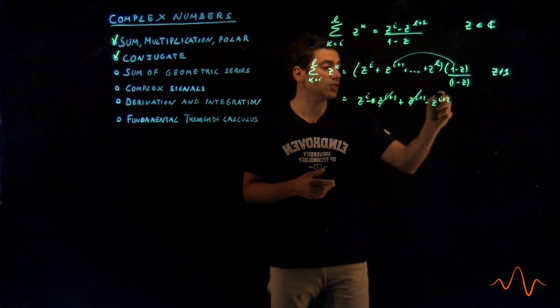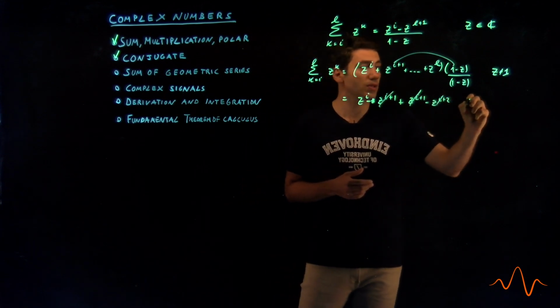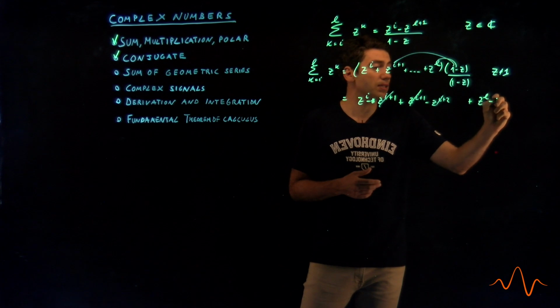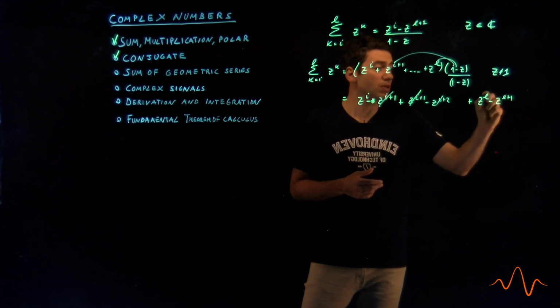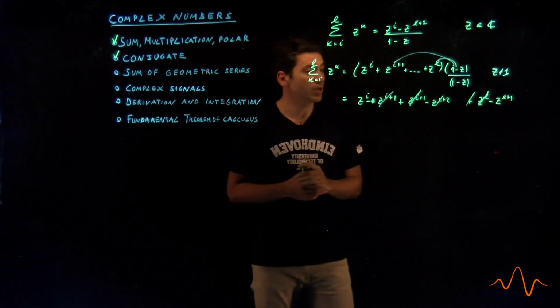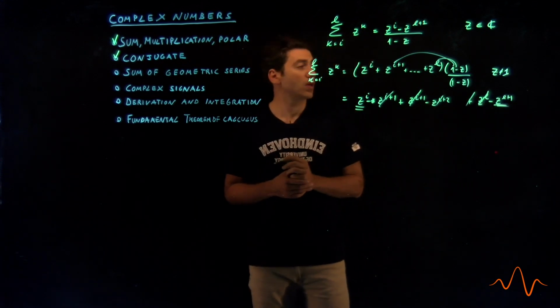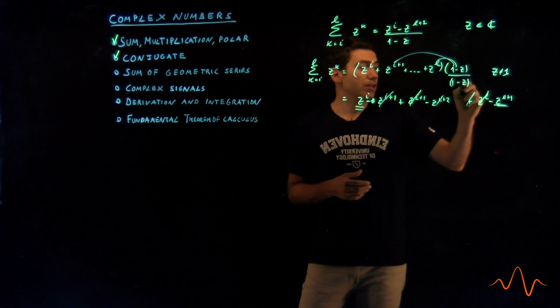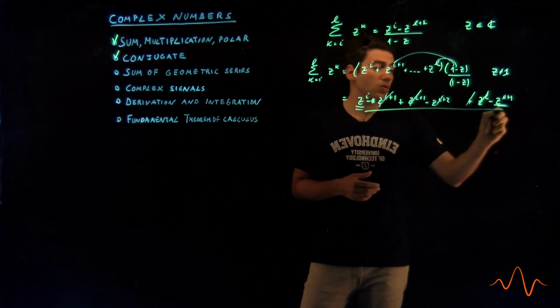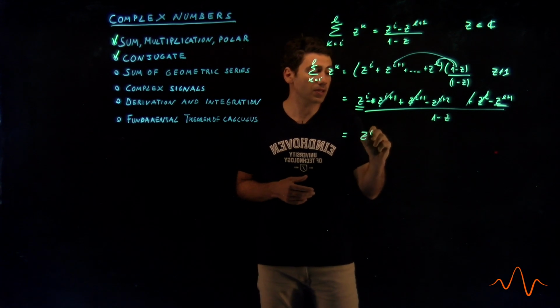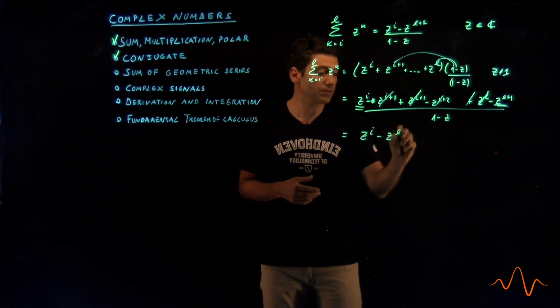This will cancel, this will also cancel with the next one, all the way to the end. I multiply this by this, I get z to the power of L minus z to the power of L plus 1. This will also cancel with the one in between, and this will stay. Then I cannot forget to divide by 1 minus z, and if I clean this up a little bit, I get the formula that we've just seen.